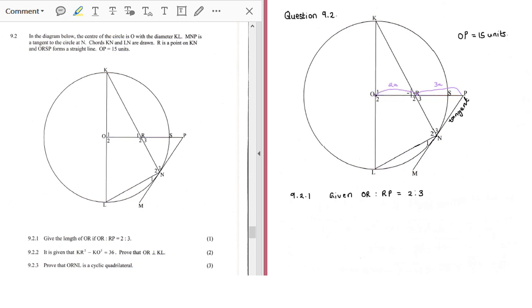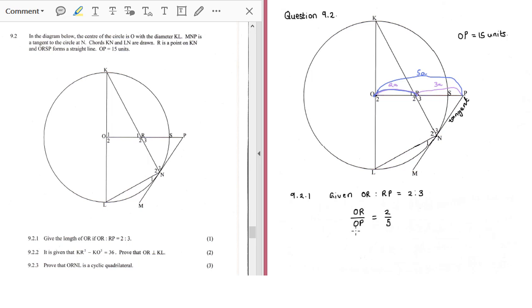How about instead of just looking at these individual segments, we look at the ratio of OR to the full length OP? We know that that's going to be 2:5. So we can write that down: OR to OP is in the ratio 2:5.